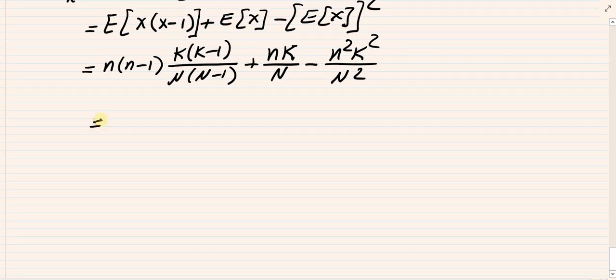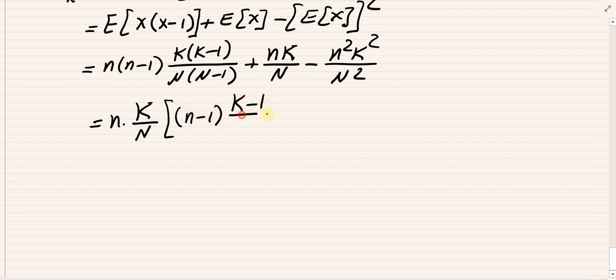Now in this expression, they all have little n in common, they all have k in common, all fractions, and they all have a capital N in the denominator in common. So I'm just going to factor out n k over capital N. And that's going to make it n minus 1, k minus 1 over n minus 1, plus everything in the middle fraction is removed, so that's just 1, minus nk over capital N.